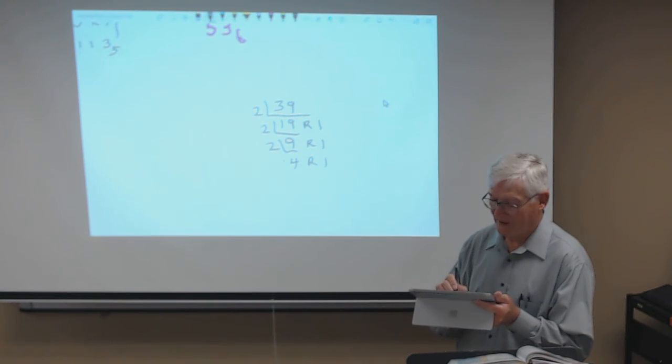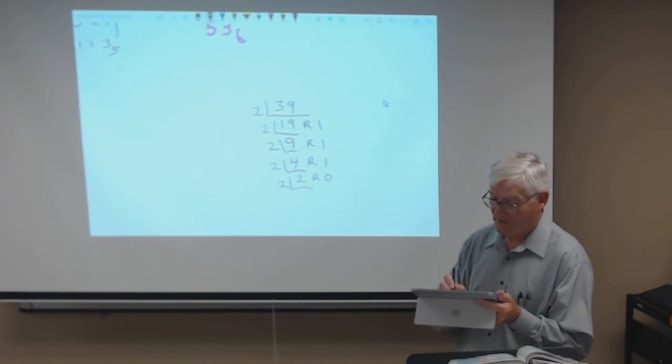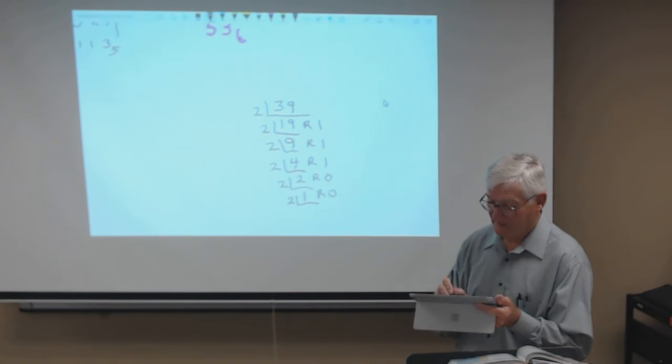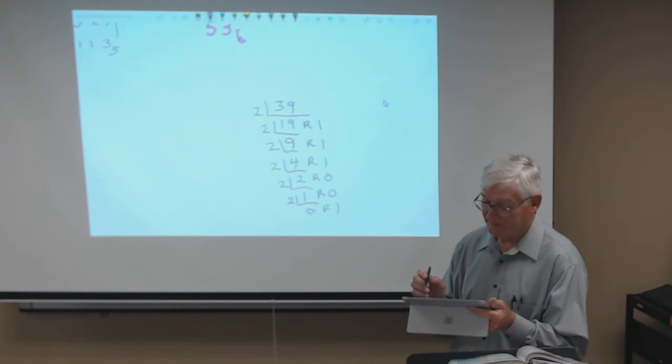What's 4 divided by 2? 2 remainder 0. What's 2 divided by 2? 1 remainder 0. What's 1 divided by 2? 0 remainder 1. So what's the answer?